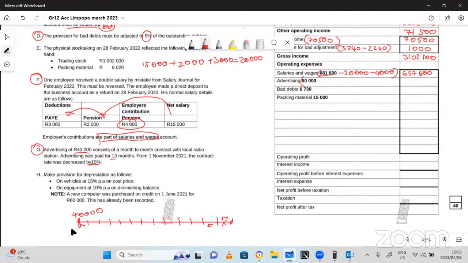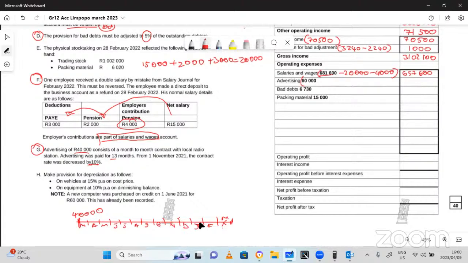Remember, guys, if the year ends in December, automatically you know that the next year will start in January. That means the current year also started in January, simple. So if the next year is starting in March, the current year started in March. So it's March, April, May, June, July, August, September, October, November, December, then January.